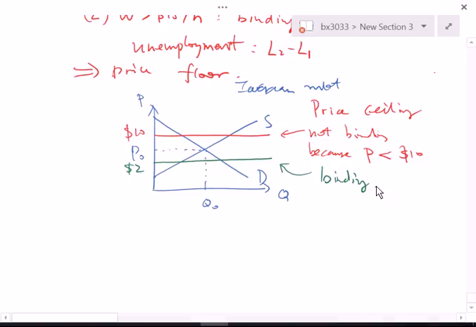So given that the price of ice cream is at $2, producers are willing to supply this many. However, consumers are willing to buy this many, so there is a shortage, excess demand here. Okay, that's price setting.